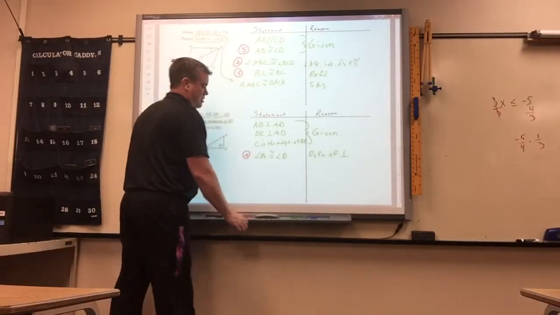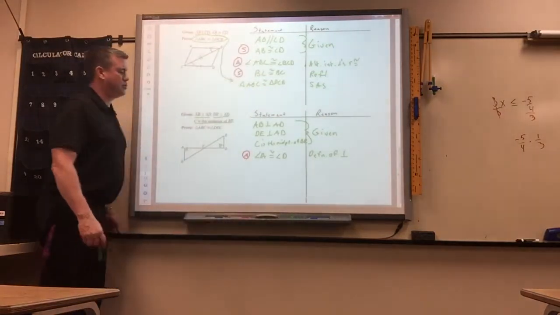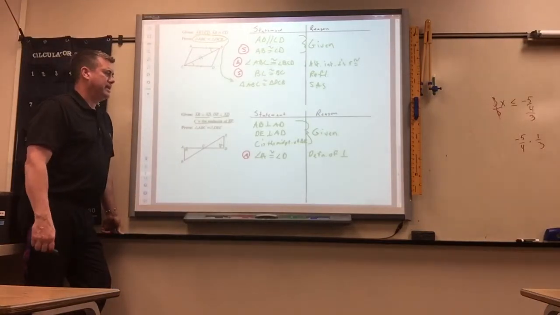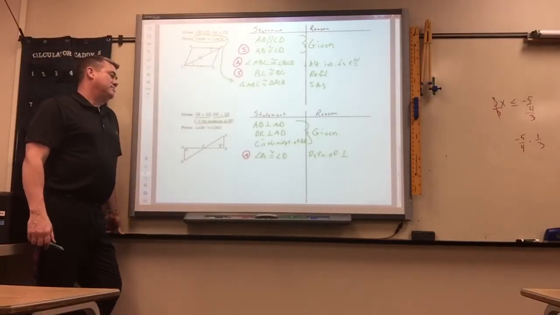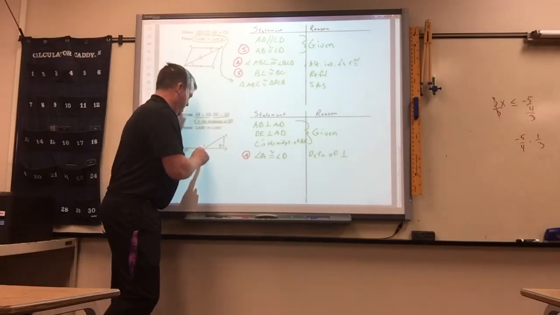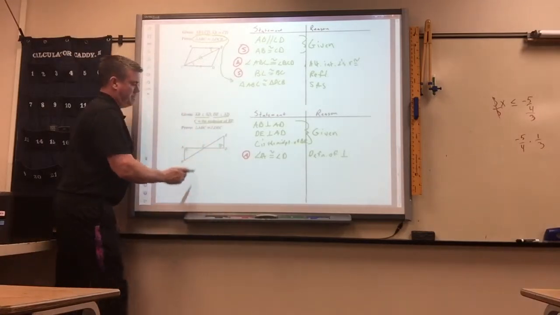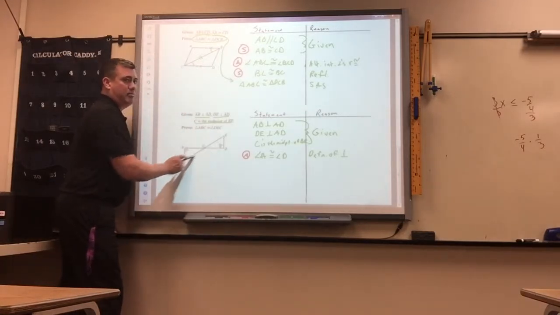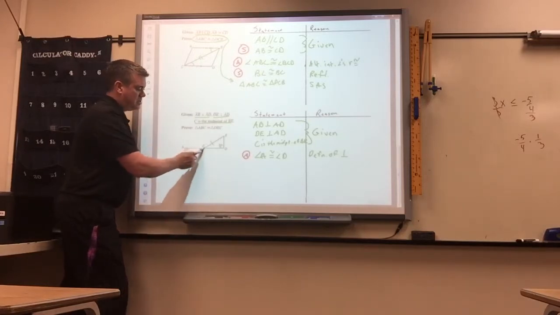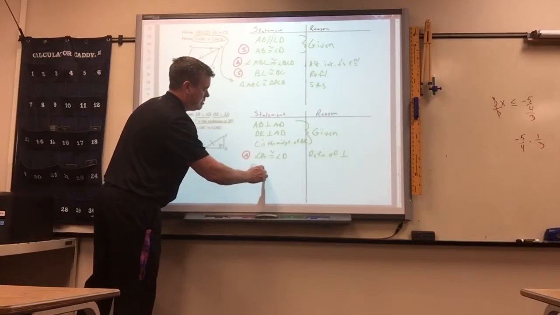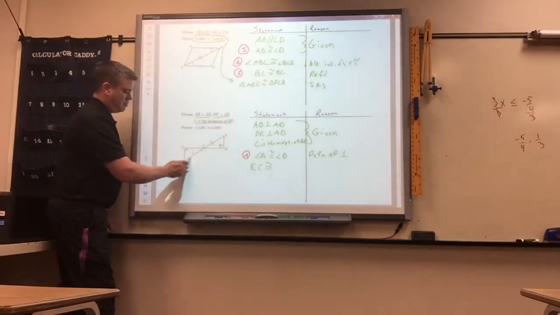So there's the first thing that we learned. Two angles are congruent. Then, since C is the midpoint of BE, midpoint means it cuts it in half. So that means EC has to be congruent to BC.